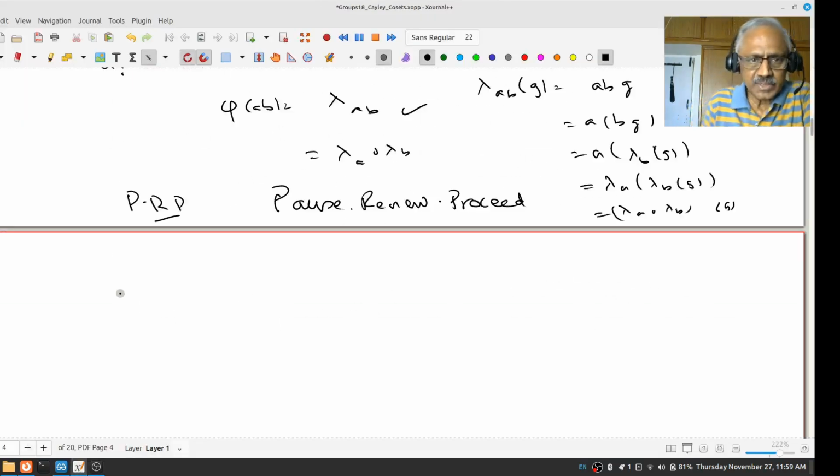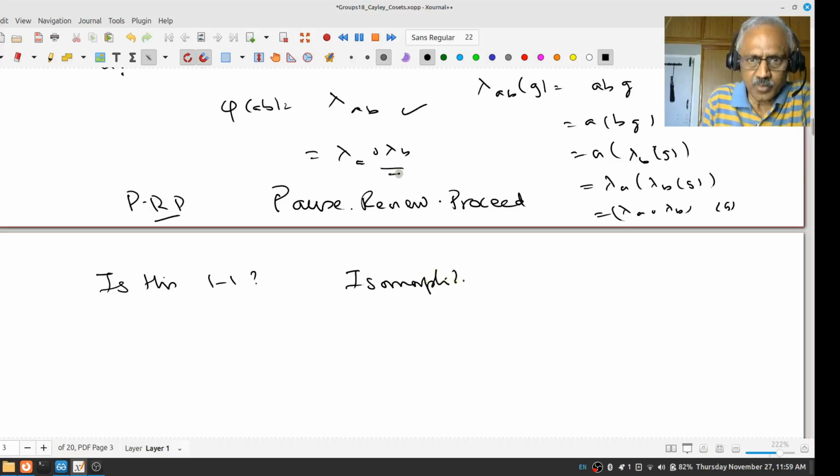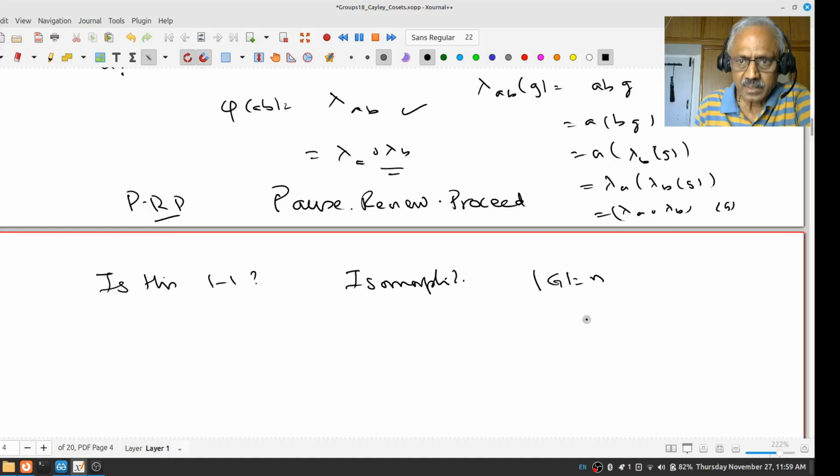Now the next question is, therefore, is this 1-1? Note that I may want to know whether it's an isomorphism. Because it's already a group homomorphism, therefore I can ask if it's an isomorphism. But then you should see, suppose order of G is n, then S of G is all bijections.